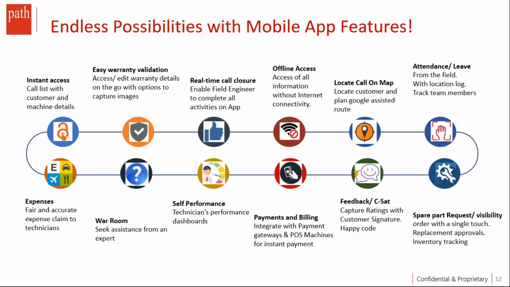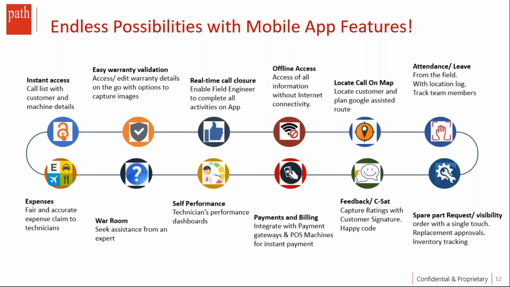Even without internet connectivity, since the masters are there, you can use all the drop-downs and all the functions. You can do the call closure. That call closure time will be recorded on the mobile app, and once synchronized when you have internet connectivity back, it creates that particular log in the system.